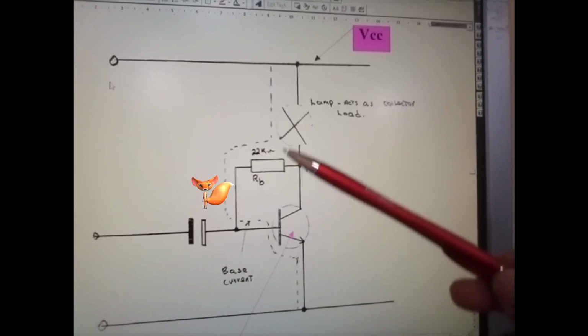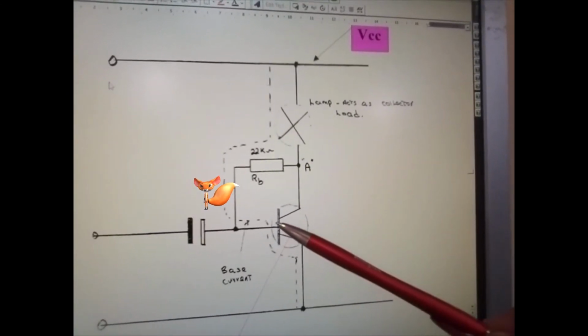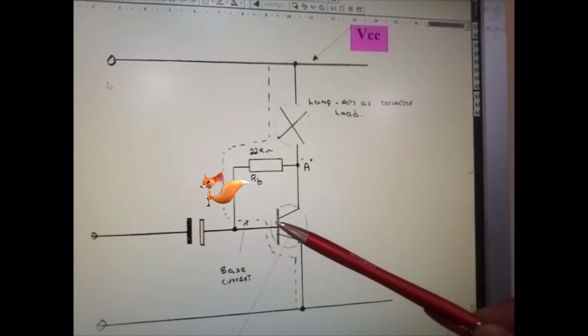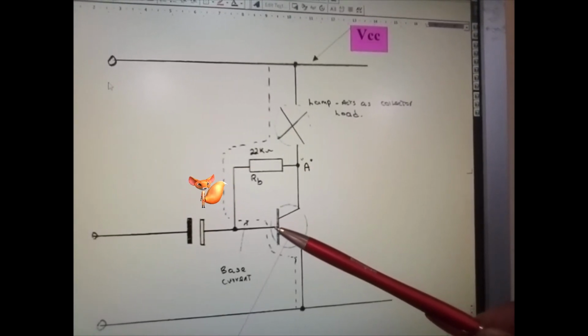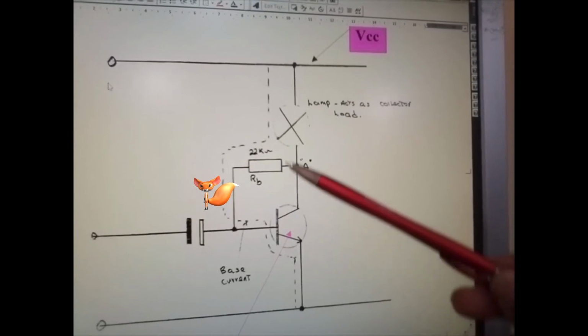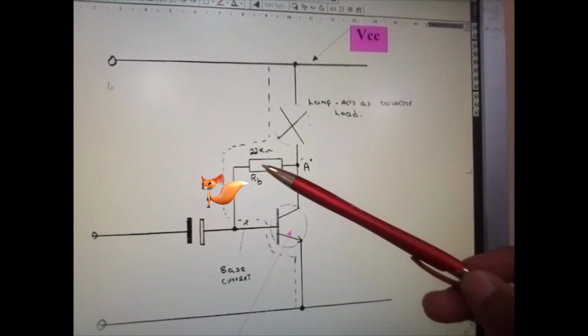But remember that this light only comes on when the base of the transistor has been triggered and it's switched on. Okay, nothing else will happen there, and this acts as a controlling device.